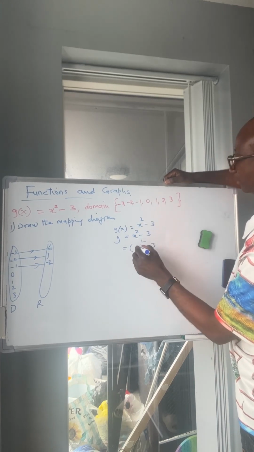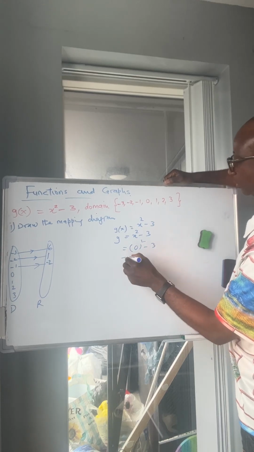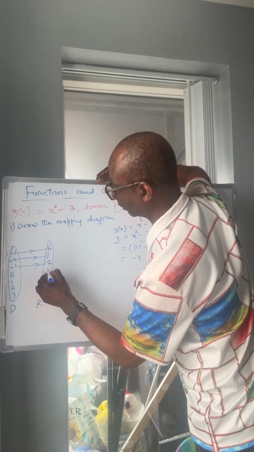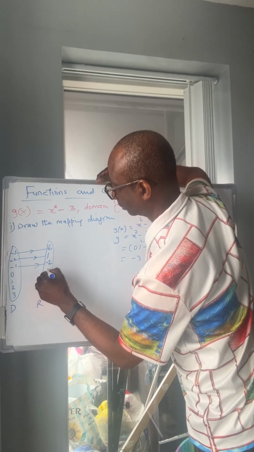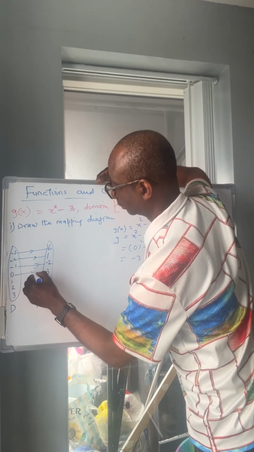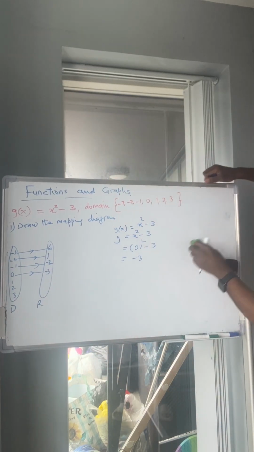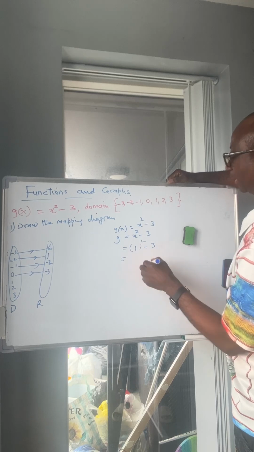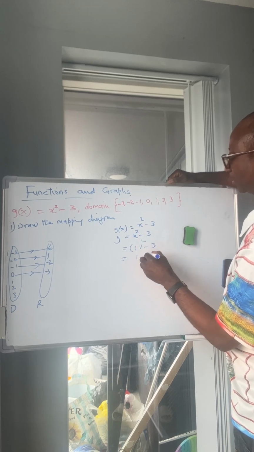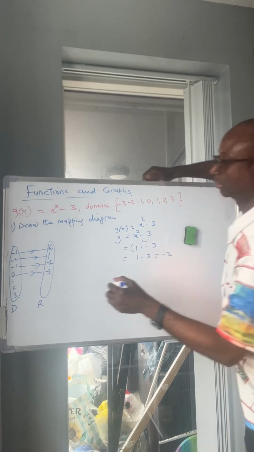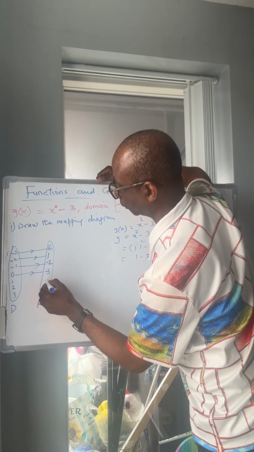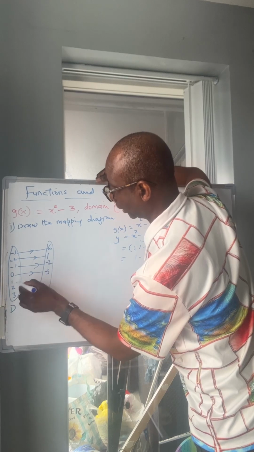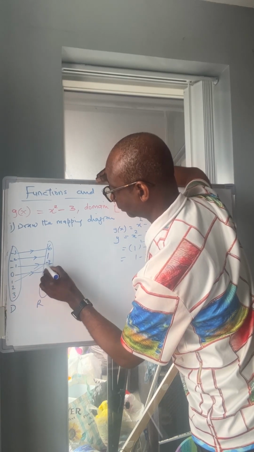Now we have 0. 0 squared minus 3 is minus 3, so 0 maps to minus 3. What if we have 1? 1 squared is just 1, so 1 minus 3 is minus 2. So 1 goes to minus 2.